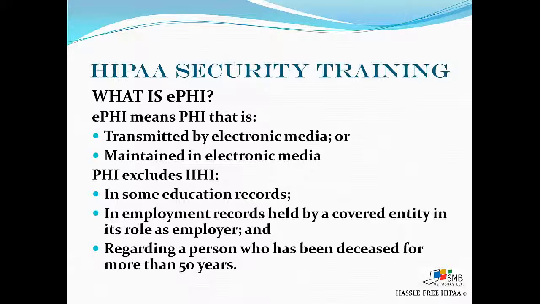Quickly, just to let you know, there are some exclusions for protected health information. PHI excludes individually identifiable health information in some education records, in employment records held by a covered entity in its role as an employer, and regarding a person who has been deceased for more than 50 years.